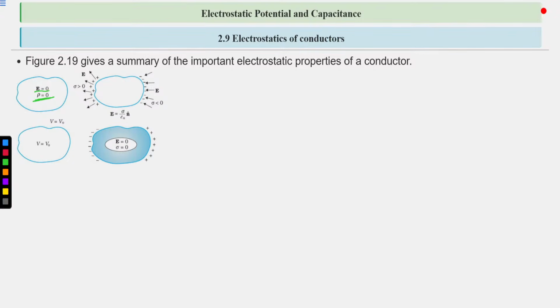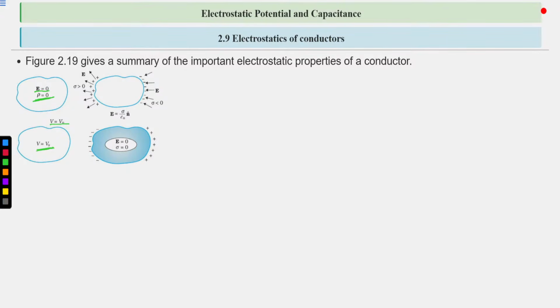If electric field is 0, then potential is constant inside and also on the surface. That we also discussed. Why? Because there is no electrostatic field present inside, so there is no work required to move a charge between any 2 points inside this conductor. So potential is constant everywhere.